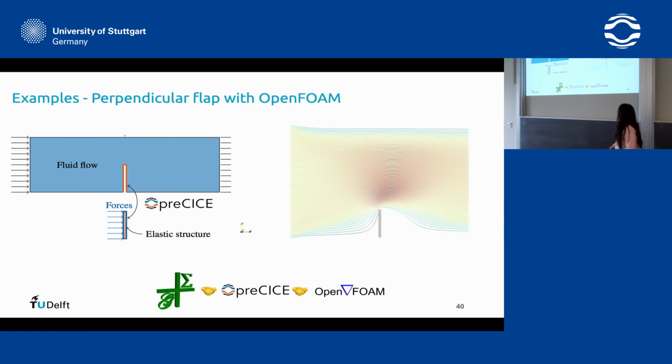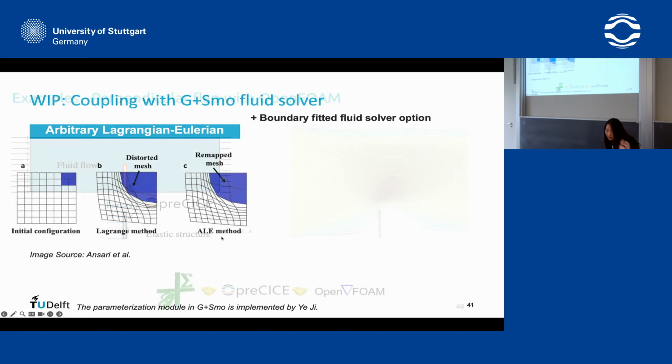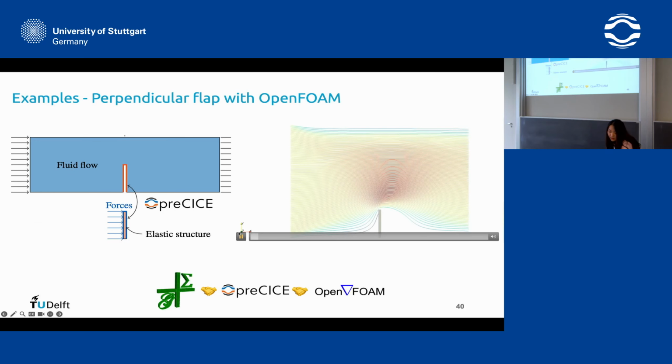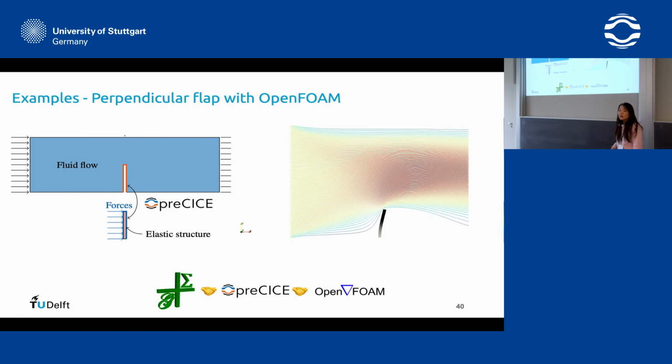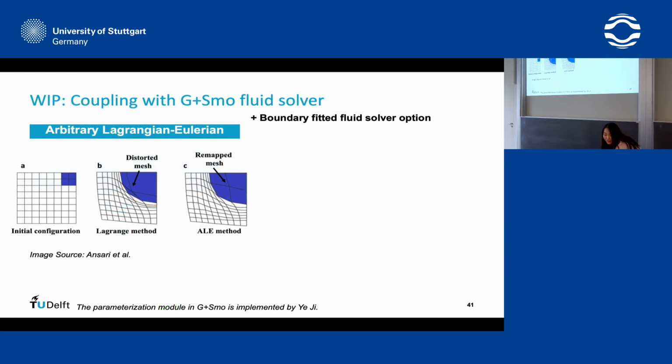Also, we try to run this simulation together with OpenFOAM as well. For this, we also haven't compared this result with any other solvers. Yeah, this is some work in progress.